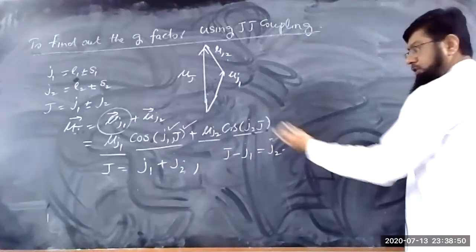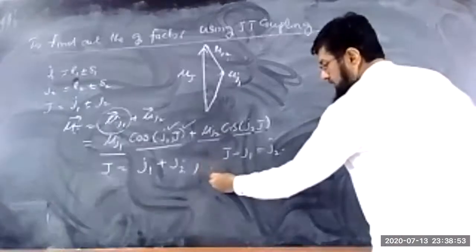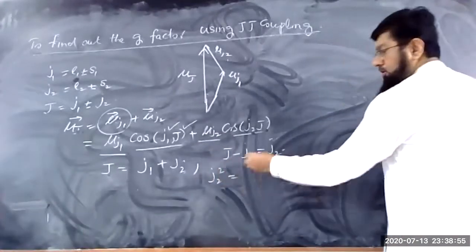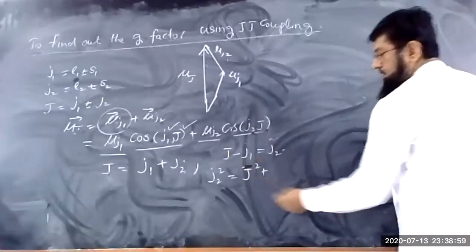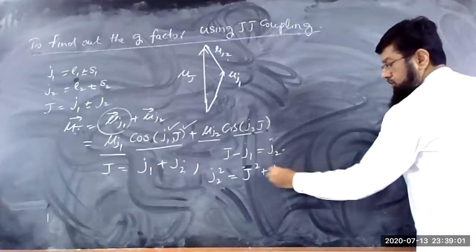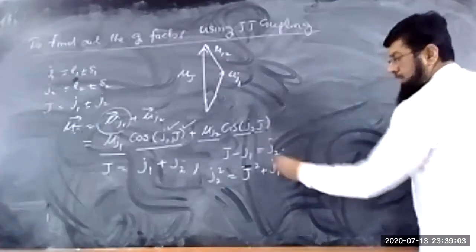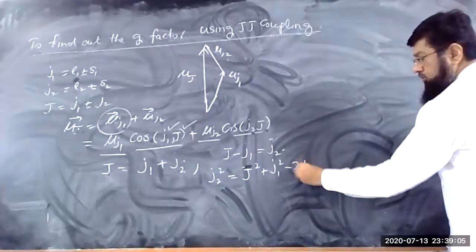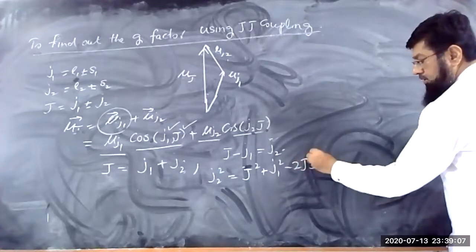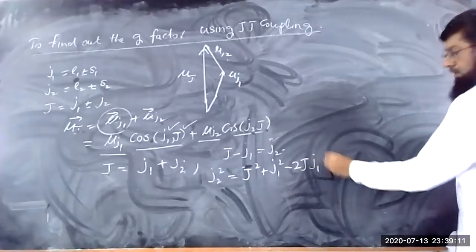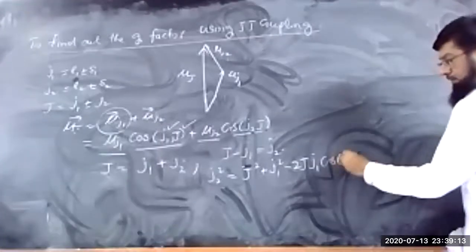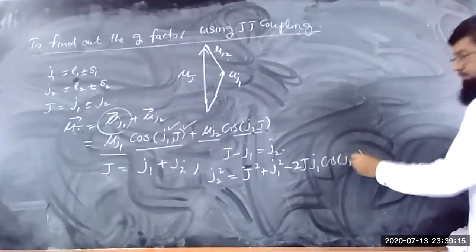Squaring both sides, as a resultant, j2 square is equal to j square plus j1 square minus 2j into j1, into cos of angle between j1 and j.